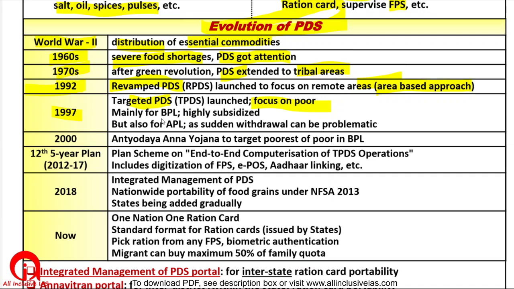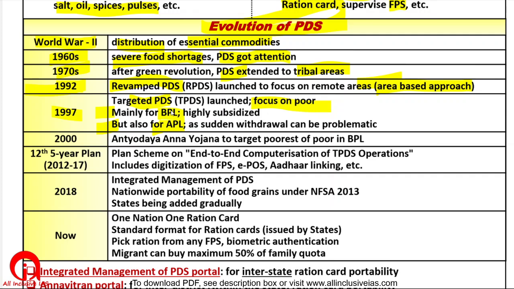It was mainly for the below poverty line people. However, government also provided to above poverty line people. However, the rate was higher. Okay, if a BPL family is getting something for 1 rupee, then the APL family will get it for rupees 5, suppose. Why was government giving to APL people also subsidized food grains?